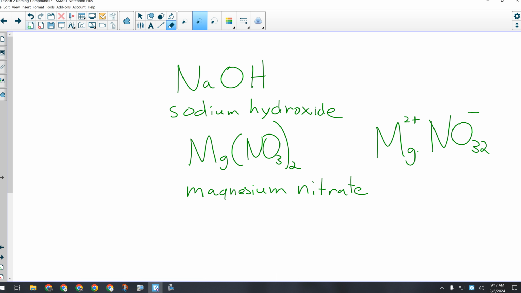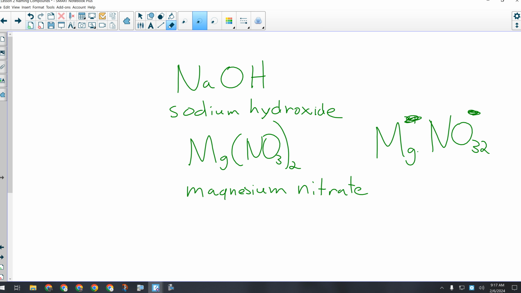But do I want to leave it like that? Because if I leave it like that, how many nitrogens are there? There's 32 oxygens. How many nitrogens are there? Just 1.